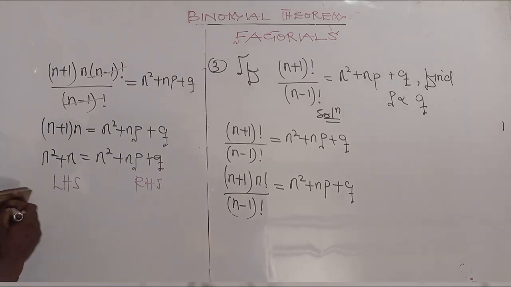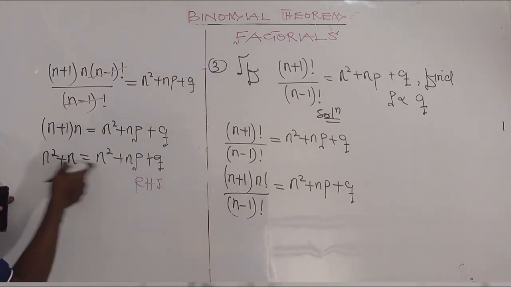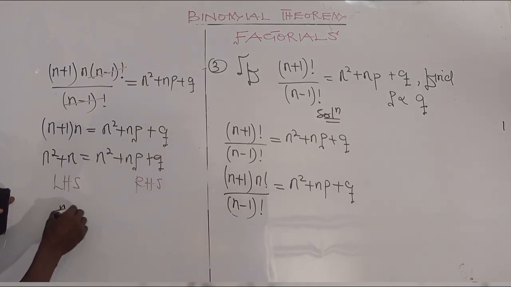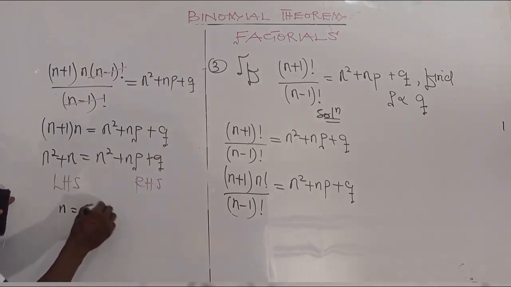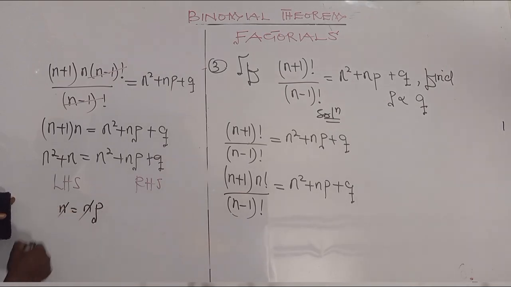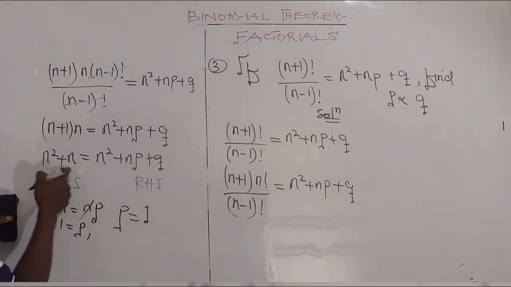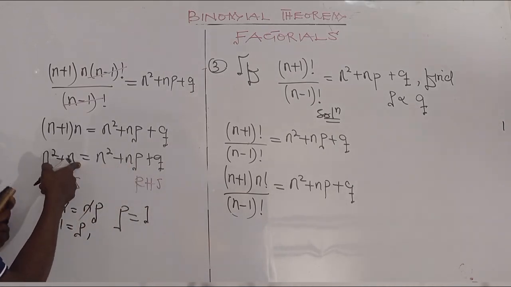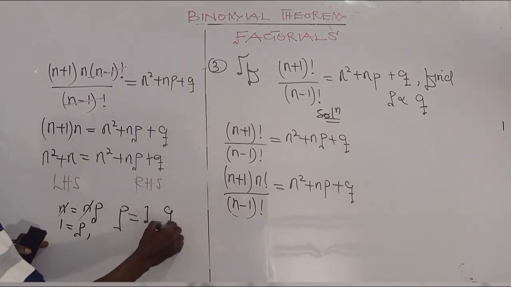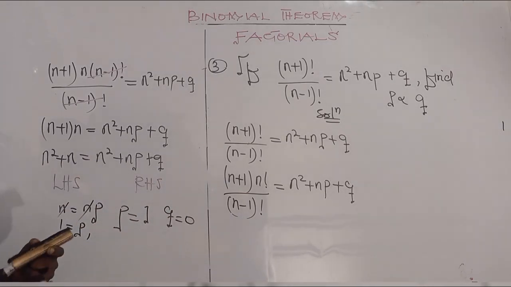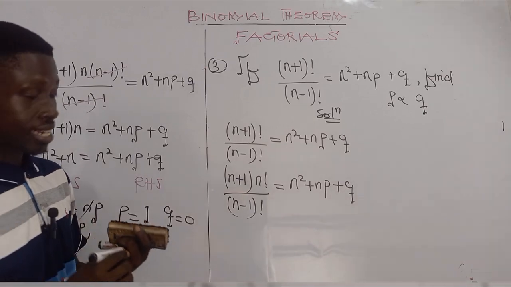So we can see that this is equal to that and this is also equal to that. So we have n is equal to np. n will cancel this. So we have 1 is equal to p. Therefore, our p is equal to 1. Since you don't have any corresponding value for q here, our q is equal to 0. Very, very easy and simple.